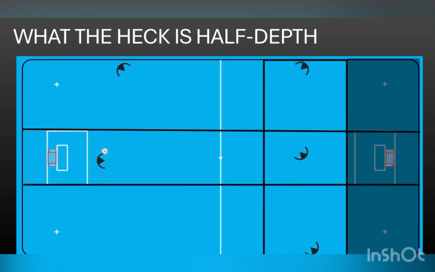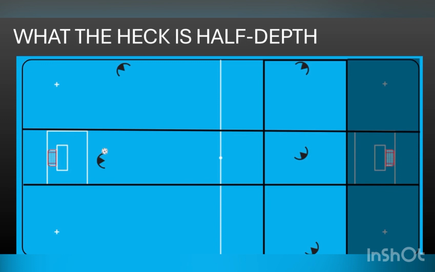And then the question, what the heck is the half deep space in the field? It is demonstrated by this picture with 2 different squares of space. As you can see, the space farthest from your own end and nearest to the opposing team's goal, that is the deep area, and that is marked by a darker space.